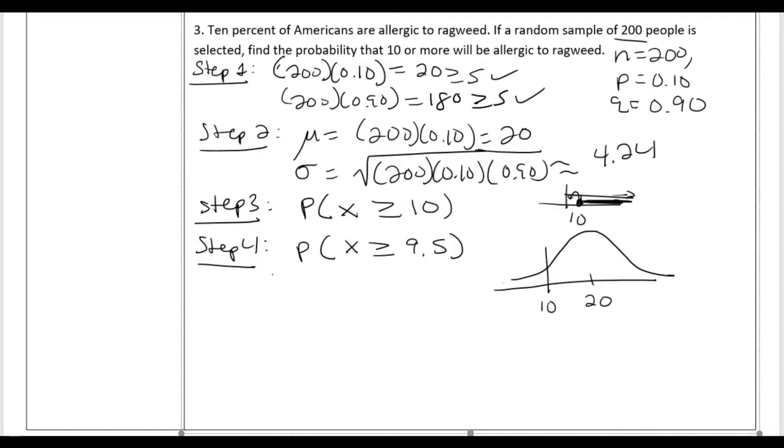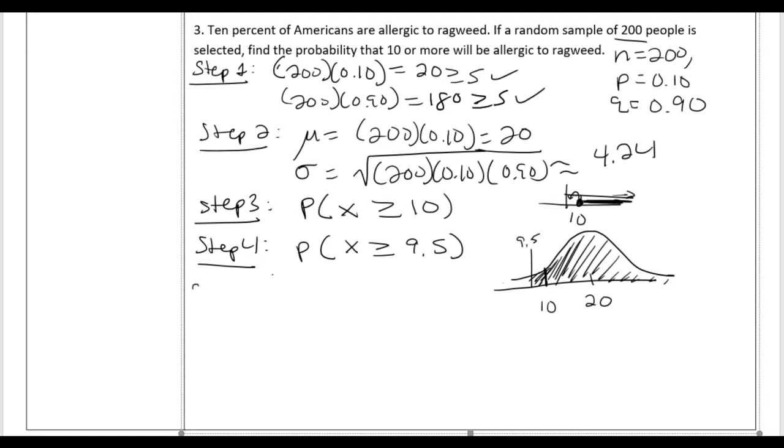We are doing 9.5 here, and we want greater than that. I'm just going to mark the 10, but I'm not going to put it that high. So 9.5 and on is what we want.